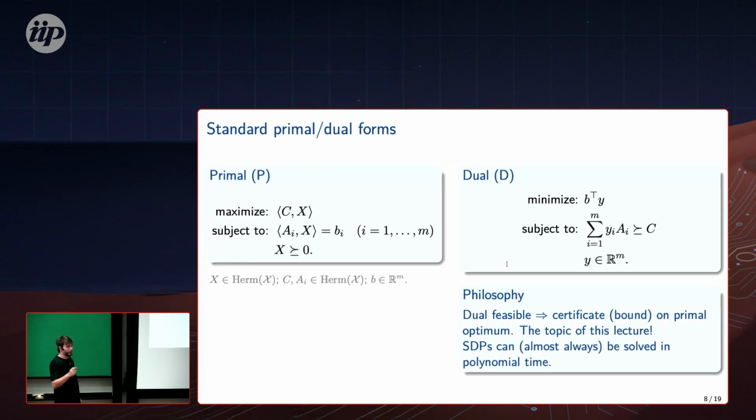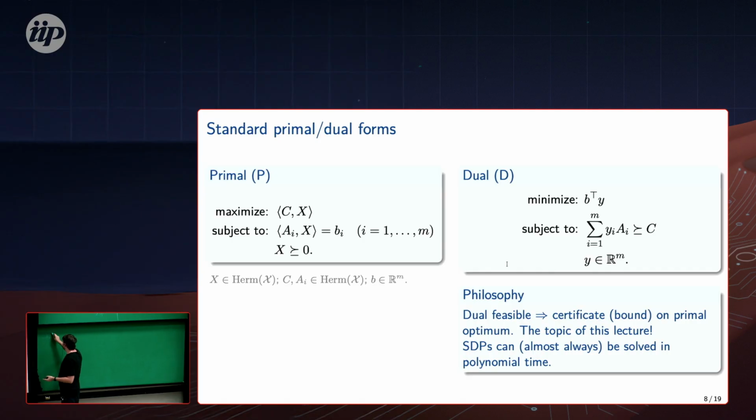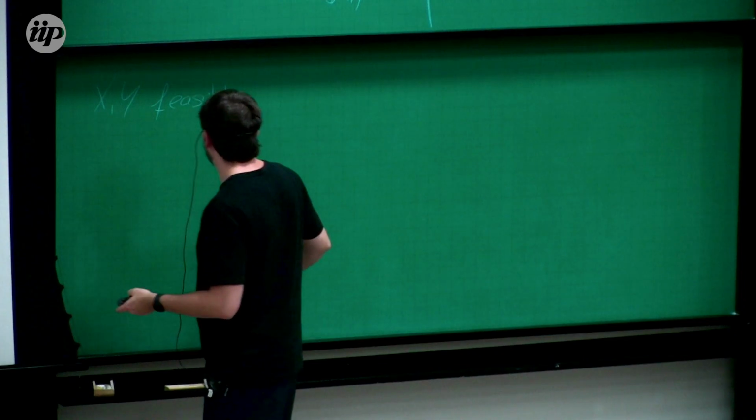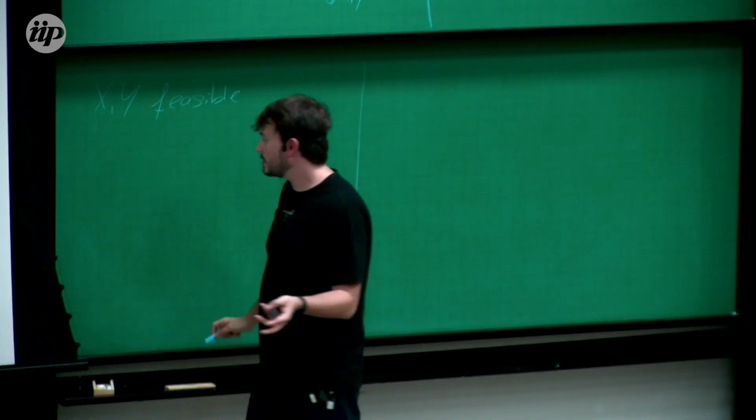And just going back to your question, when I was asked, what are convex constraints? What does that mean? This means that if X and Y are feasible, and by feasible, this just means that they satisfy the constraints, right?